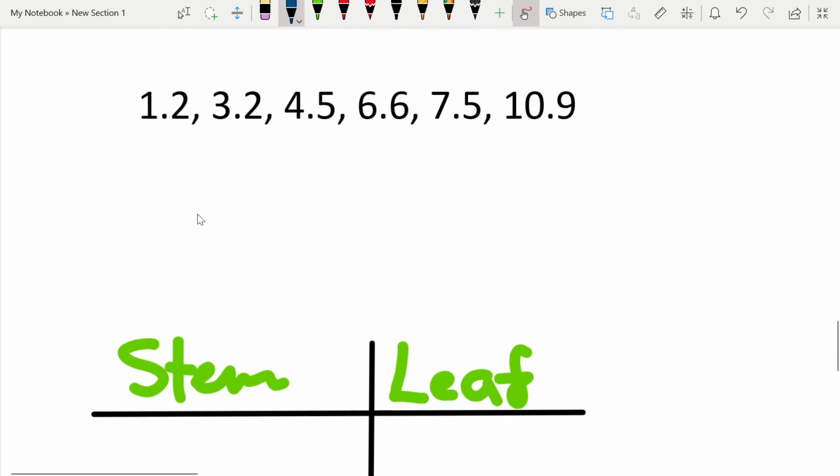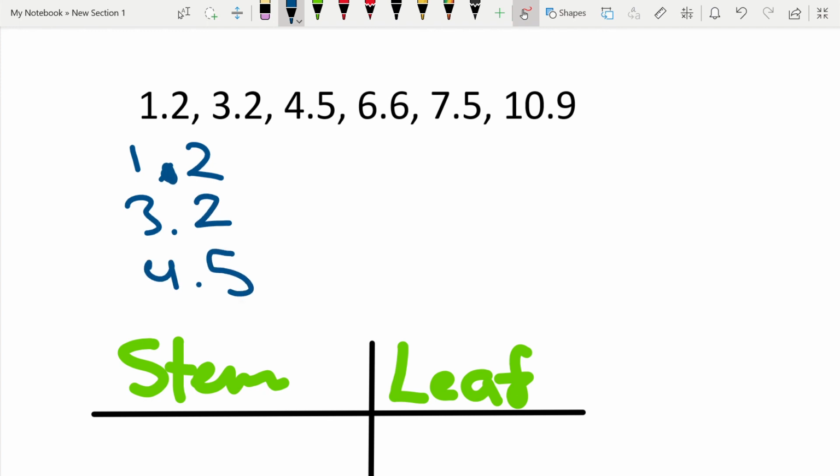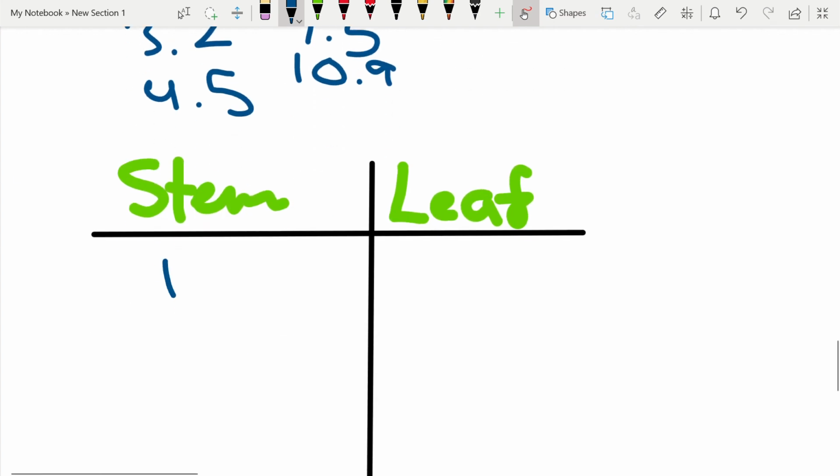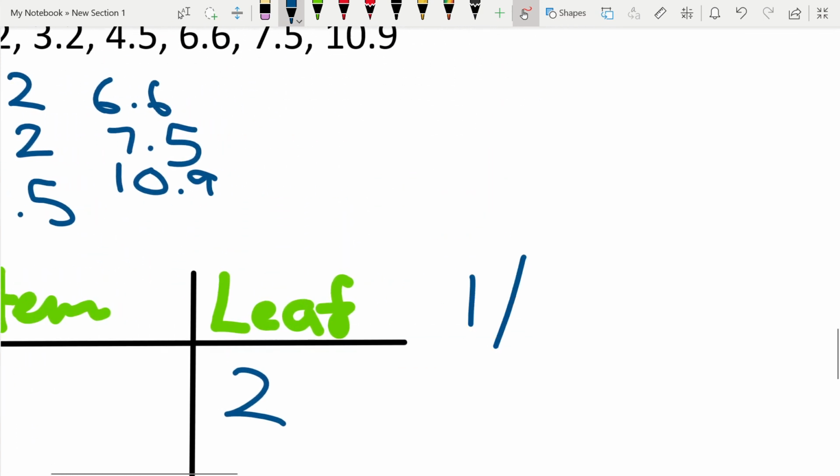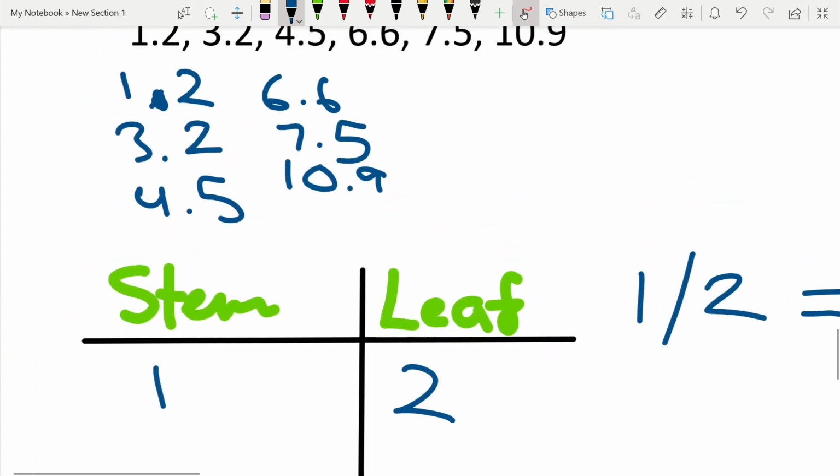So we've got 1.2, 3.2, 4.5, 6.6, 7.5, and 10.9. Now these all are different. In this one, if you've got 1 over 2, that's going to be 1.2. So different plots can have different keys. Then for 2, we've got none.